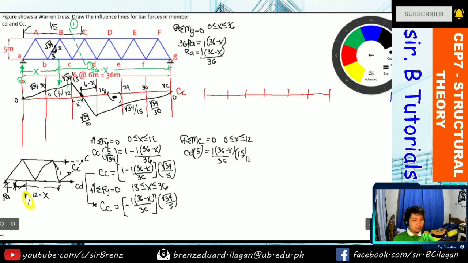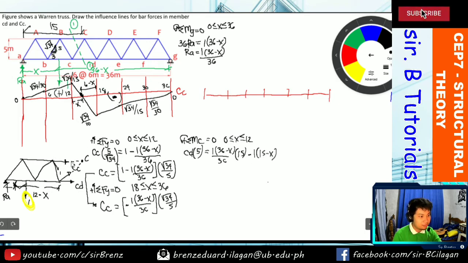I-analyze nyo lang yan. And then, yung 1, magiging counterclockwise. So same direction as CD. So transpose sa kabila. Therefore, it will be equals to negative. Or that is 1. So times 15. Okay? So times 15 minus x.